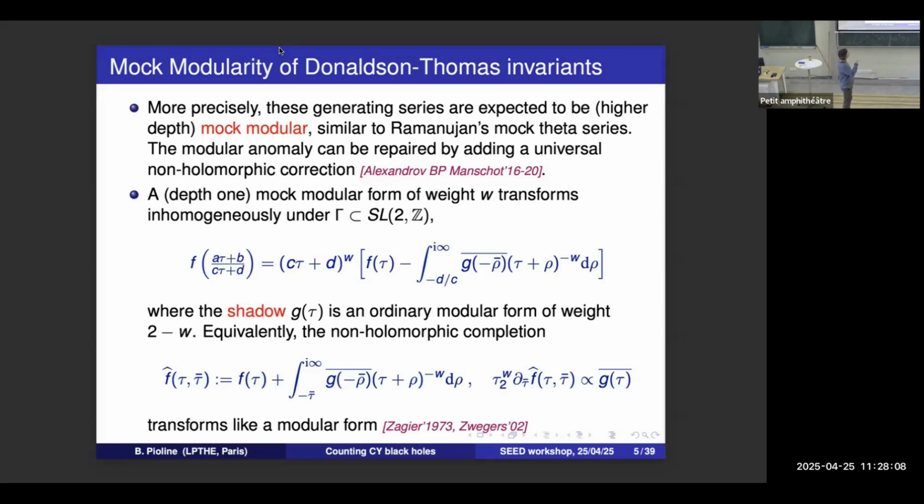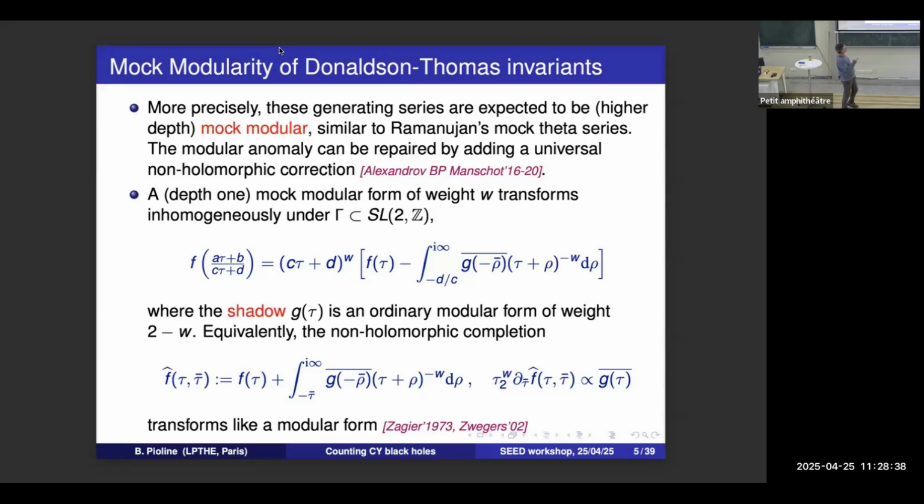It says that this generating series is not just modular, but it picks up a non-homogeneous term in its transformation. Of course, you cannot put any non-homogeneous term here. You have to make sure that this is consistent with the group law. And one such class of terms is given by the non-holomorphic Eichler integral of some other modular form g. g is sometimes called the shadow of the original f.